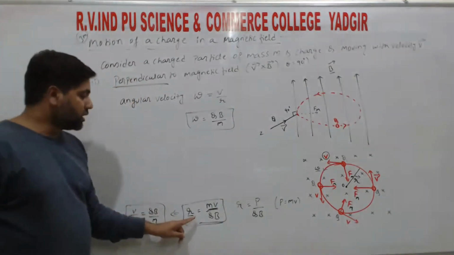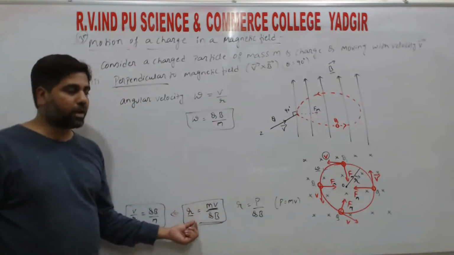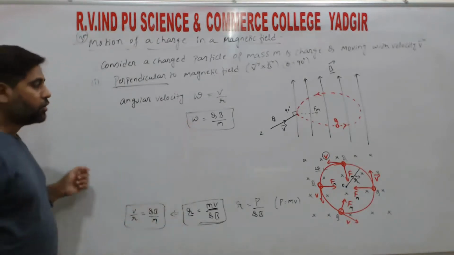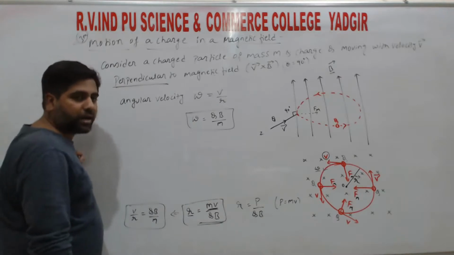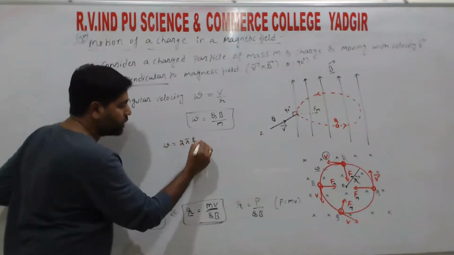So this is the radius of the circular path the particle traces, and this is the angular velocity. From this angular velocity we can find the frequency. We know omega is equal to 2 pi f.